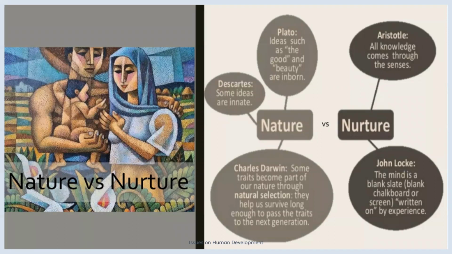So meaning, as we grow older, that blank is being filled by experiences. And that is one reason why John Locke becomes an advocate of nurture. Oh, wait, I guess I forgot one.